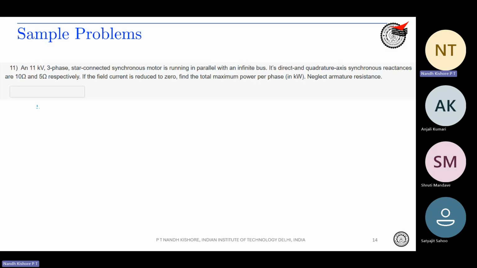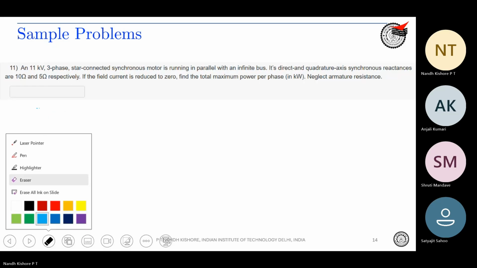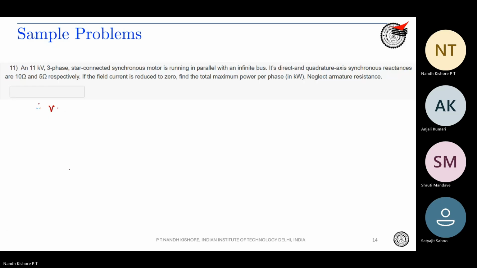Okay. So what they have given, V is 11 kV. Of course, this is line to line voltage. Therefore, your V phase is 11,000 over root 3 volts.